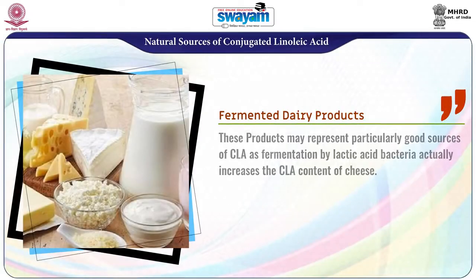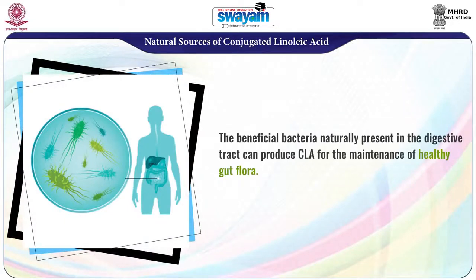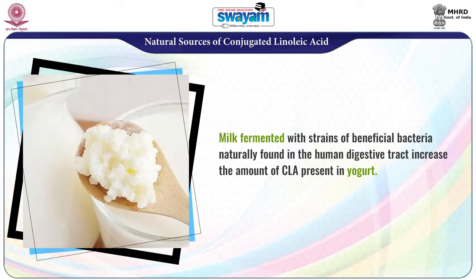Fermented dairy products may represent a particularly good source of CLA, as fermentation by lactic acid bacteria usually increases the CLA content of cheese. Moreover, the beneficial bacteria naturally present in the digestive tract can produce CLA for the maintenance of healthy gut flora. Milk fermented with strains of beneficial bacteria naturally found in the human digestive tract increased the amount of CLA present in yogurt.